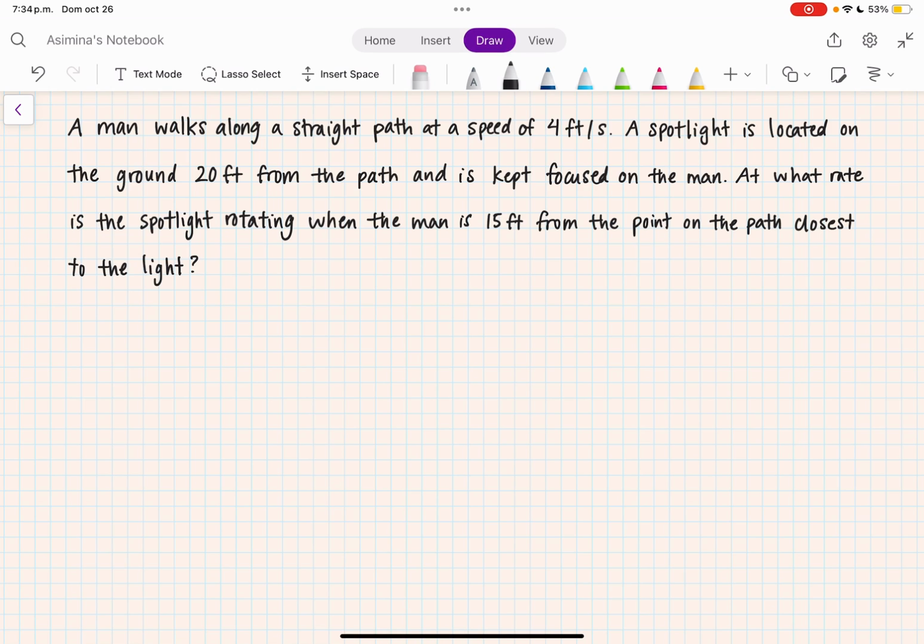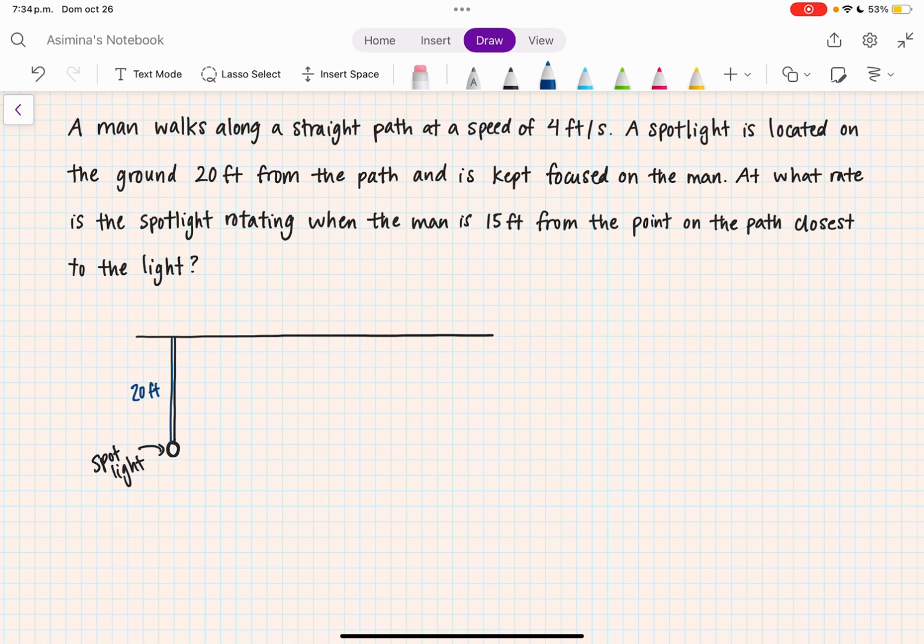So we have a straight path, and let's say this is the path that the man is walking on, and we have that a spotlight is located on the ground 20 feet from the path. So let's say here's the spotlight, which means that this distance here is 20 feet.